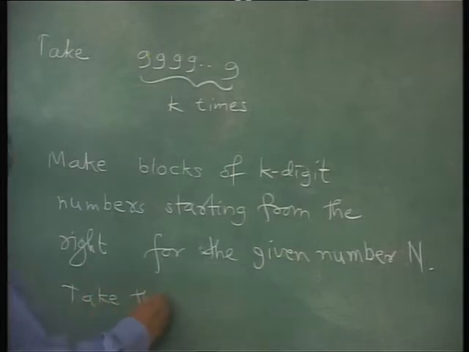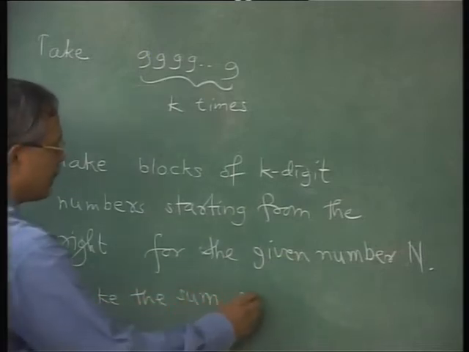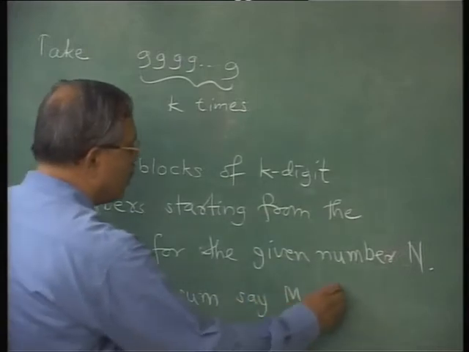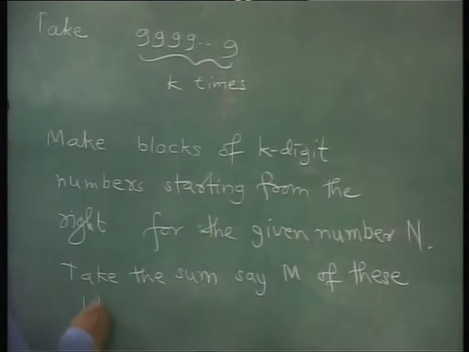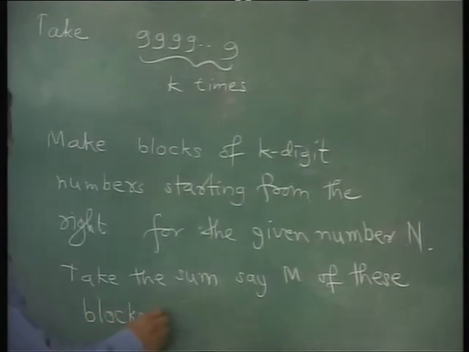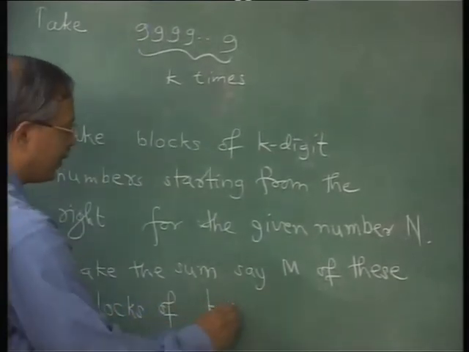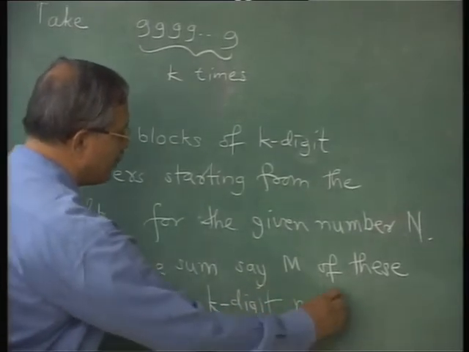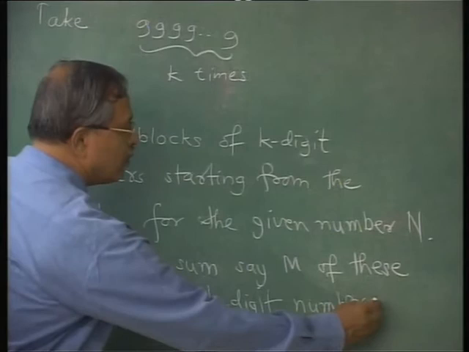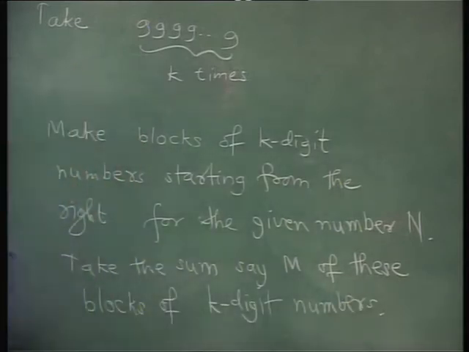Take the sum, say m, of these blocks of k digit numbers, at most k digits actually. The leftmost one may not be a k digit number.